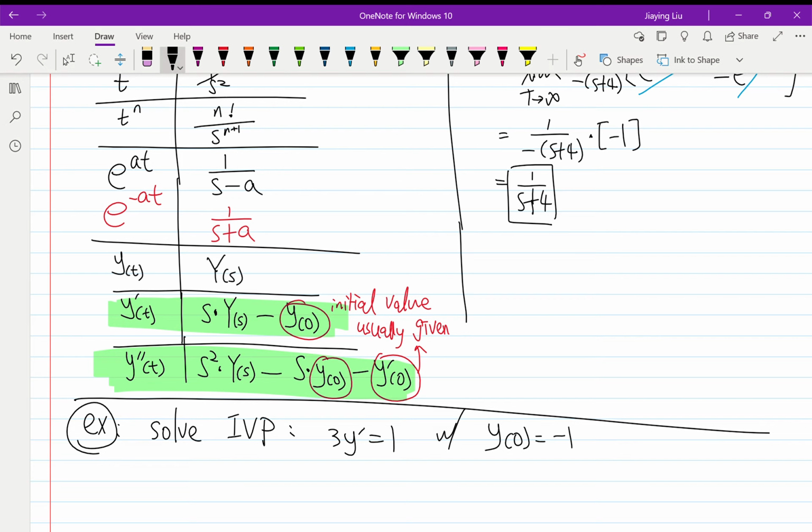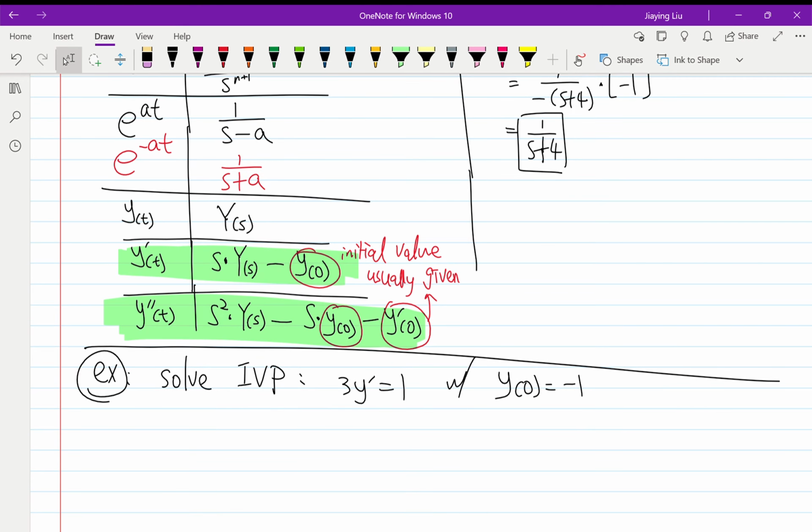And obviously, if I just ask you to solve this, I'm pretty sure you can solve it without too much time or trouble. All you have to do is divide by 3, find the antiderivative, use the initial condition to find the c, and plug back in. Fairly straightforward, a first order equation. But we're going to use this example to practice Laplace transform.